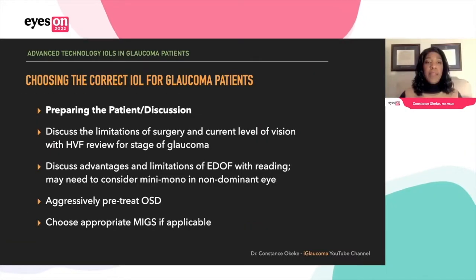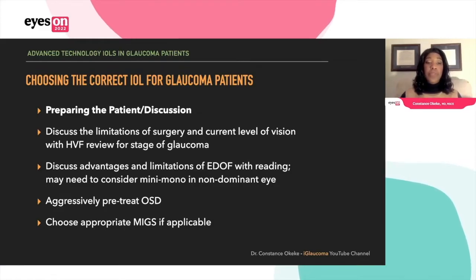This is some of what I've already discussed: making sure that you have a good discussion with the patient and set expectations up well so that they can have an excellent outcome.